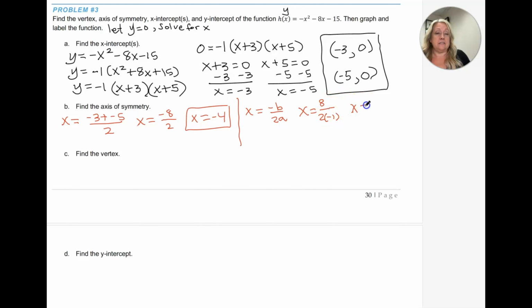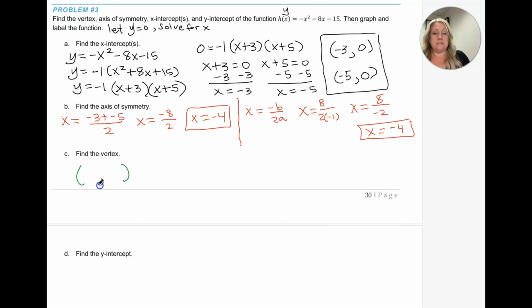So I get x equals 8 over -2, or x equals -4. Both ways work. You can pick which way you like best. We might not always know our x-intercepts, but when we do, it's usually fastest to go this way, but both ways will work.